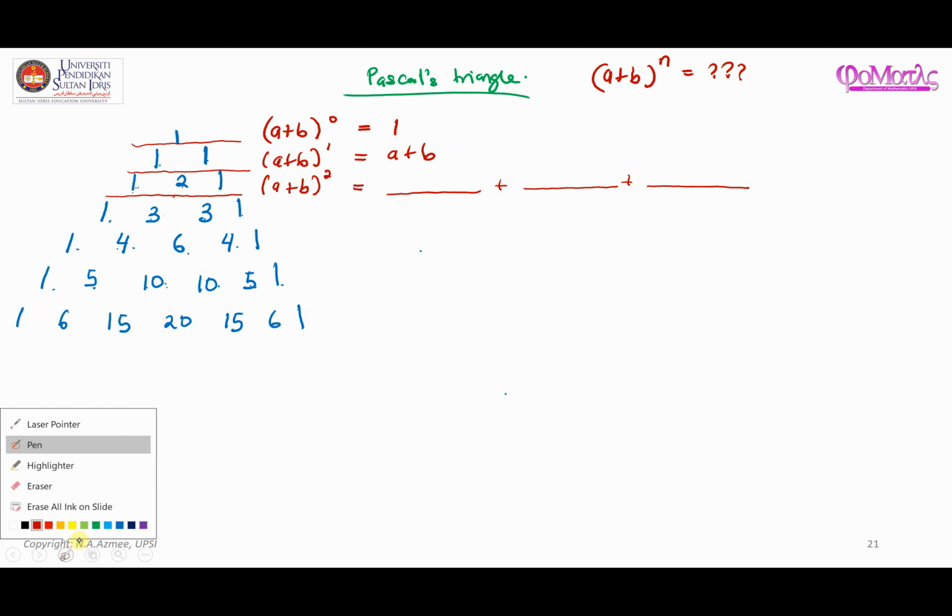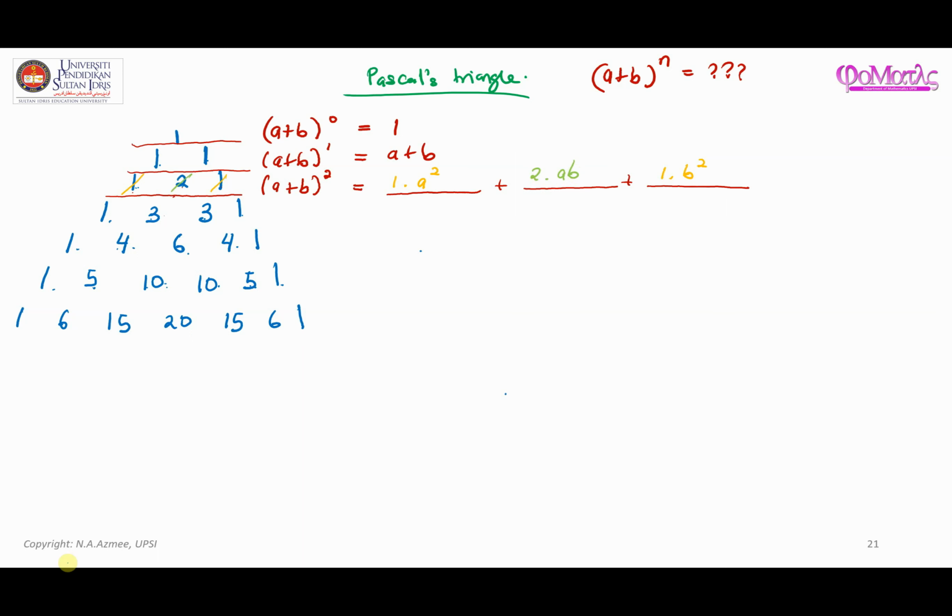Well, 1 and 1 here will correspond to the fact that we have 1 times a squared, 1 times b squared. And next is 2. 2 is for the coefficient right next to a and b.